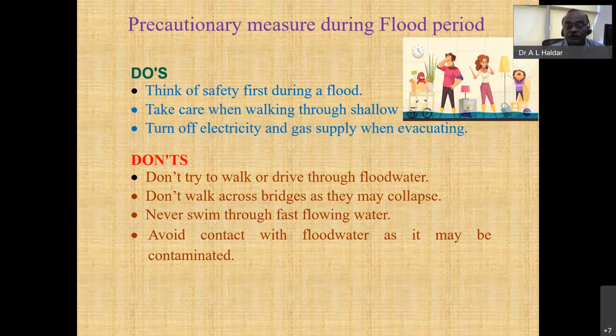Don't go across a bridge, because bridges are very fragile, and never swim in fast flowing water. Avoid contact with the flood water.